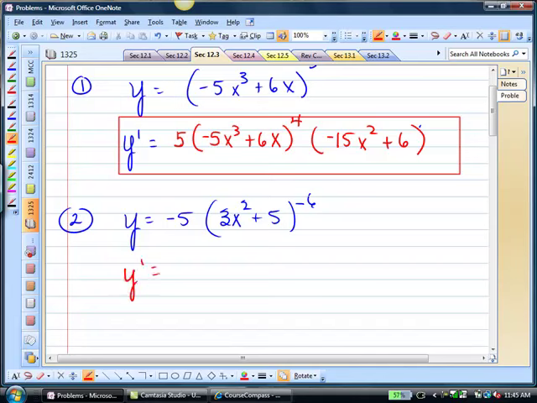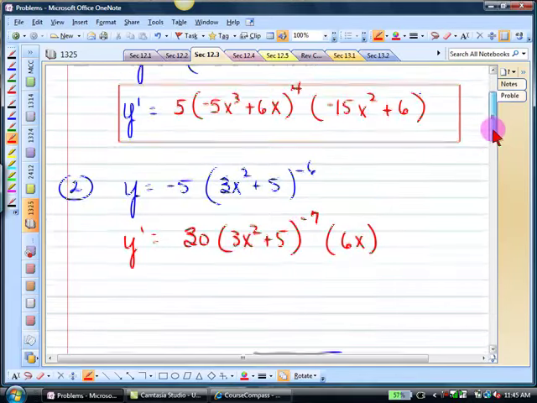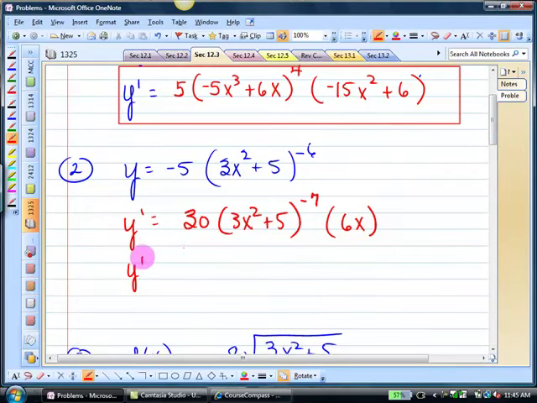What are we going to have? 30 times this to what power? Times 6x. Okay, and they do expect you to go ahead and multiply these two.